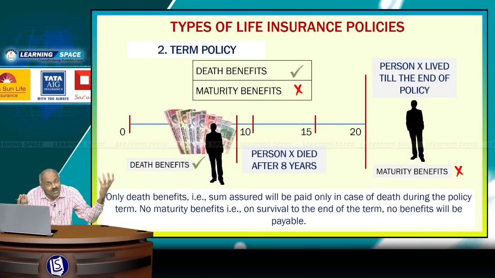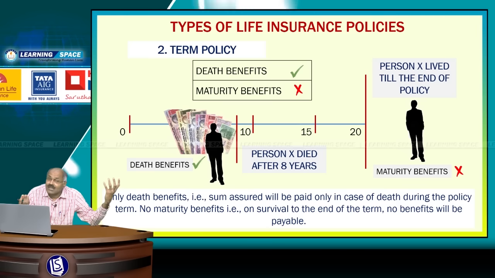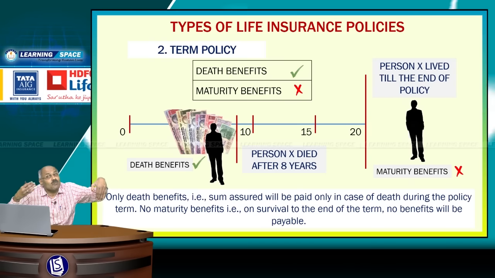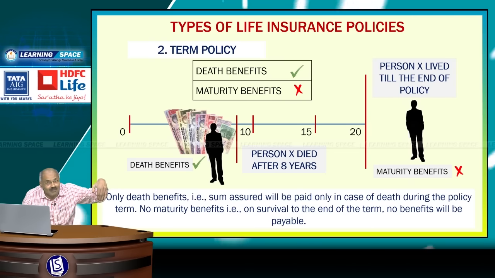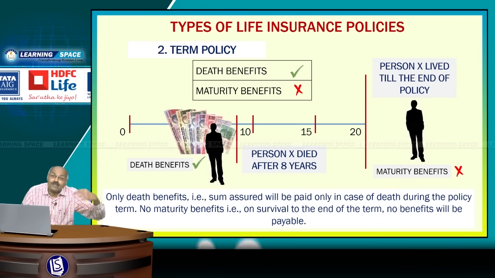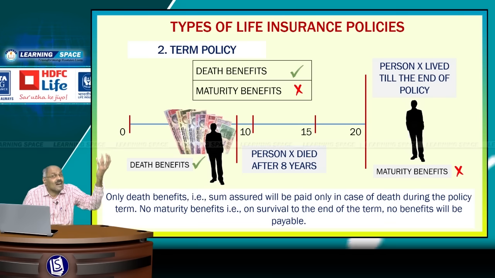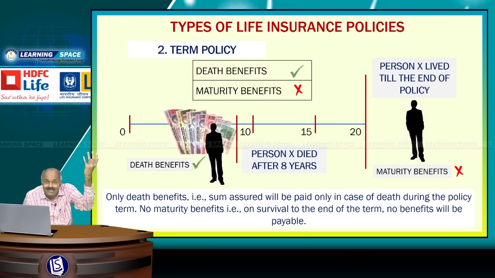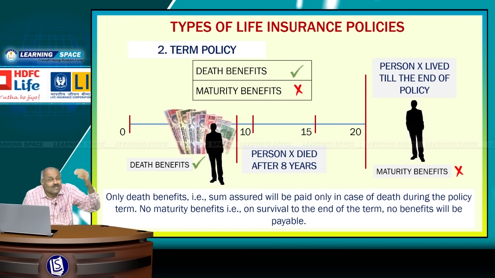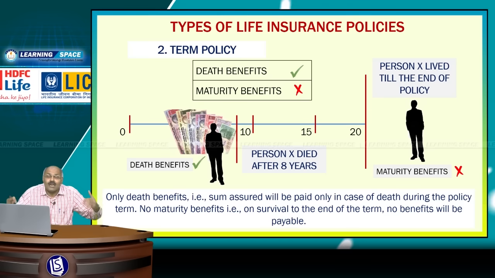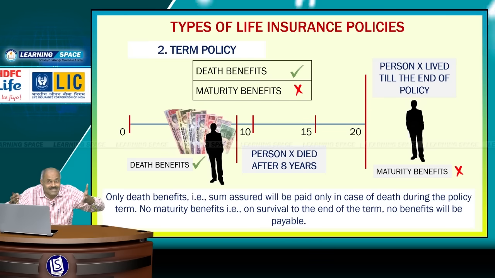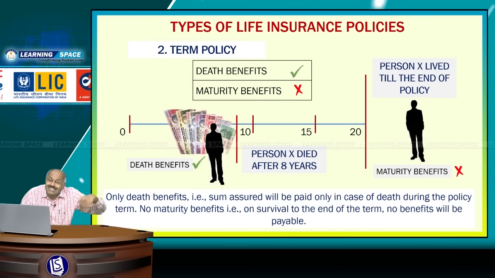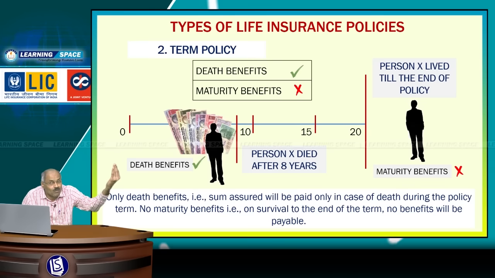Of course, both of them will have death benefits, but the term policyholder will not get any maturity benefit. So, the premium under an endowment policy is high, the premium under a term policy is less, right. So, this is the basic difference between two types of life insurance policies, endowment policy and term policy, and money back policies are a subset of endowment policies.